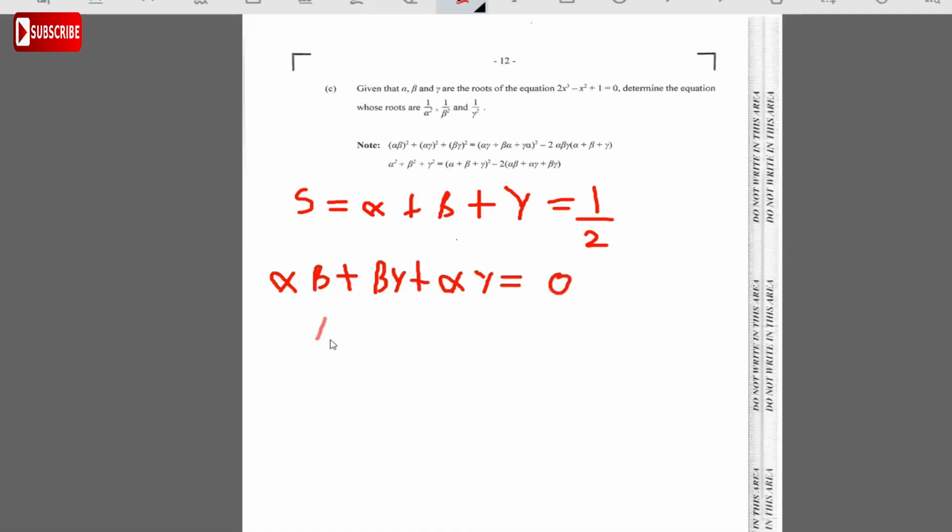Then alpha beta gamma is equal to minus d over a, so it's going to be equal to minus 1 over 2.